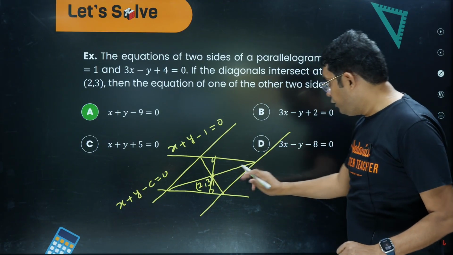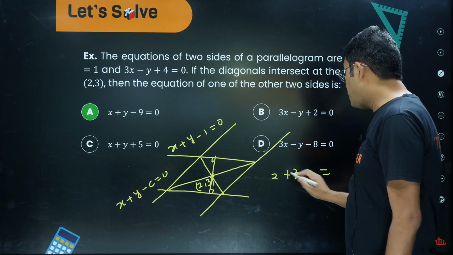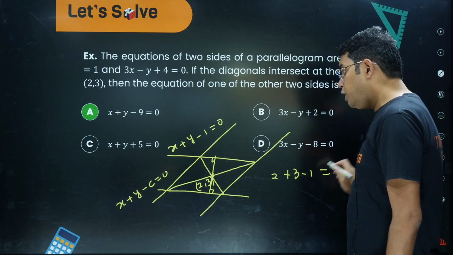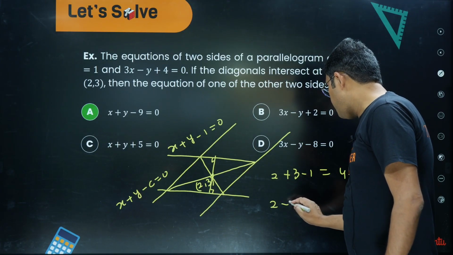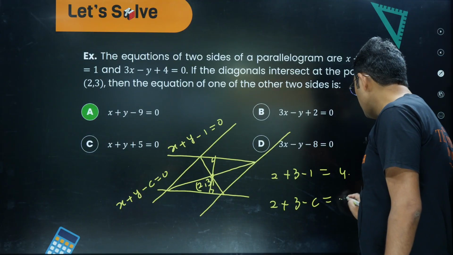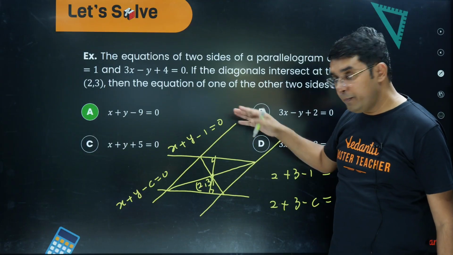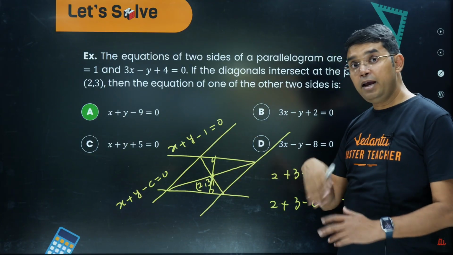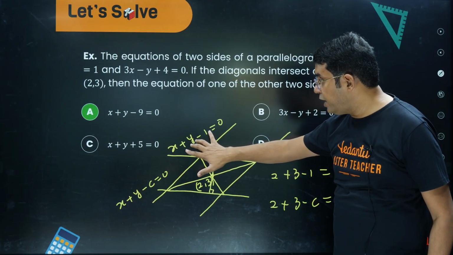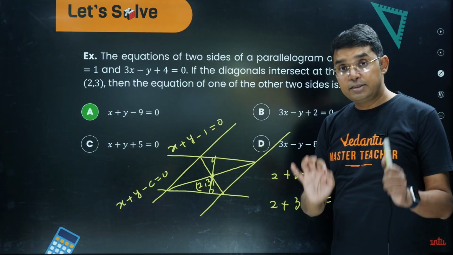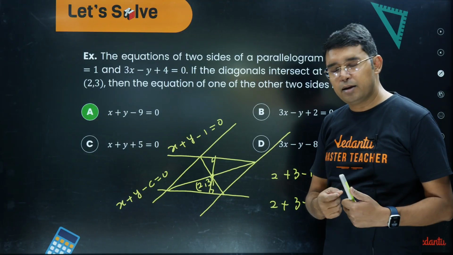If you put (2, 3) here, you get 2 plus 3 minus 1, which is 4. So for the line x plus y minus c, if you put 2 plus 3 minus c, it should give you the value minus 4. Because for this line the point is lying below, and for this line the point is lying above, and because this point is at equal distance, it should give the same magnitude but opposite sign.